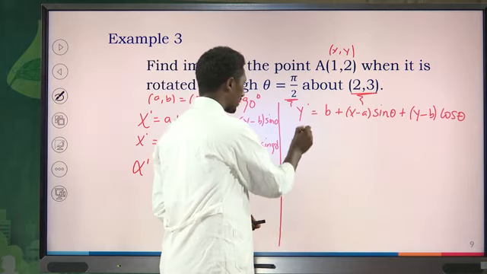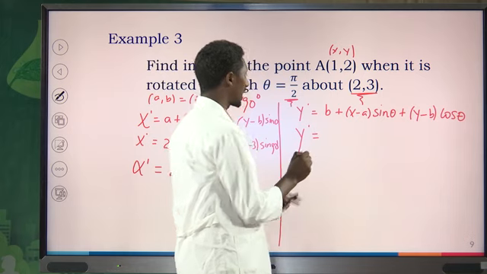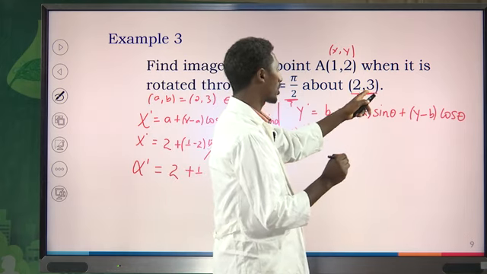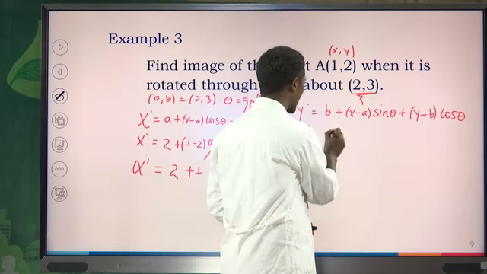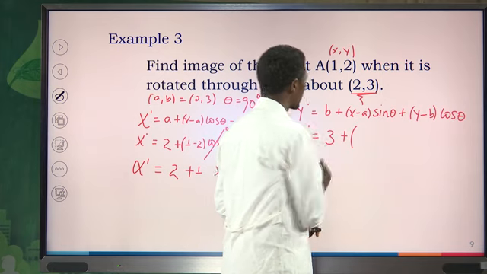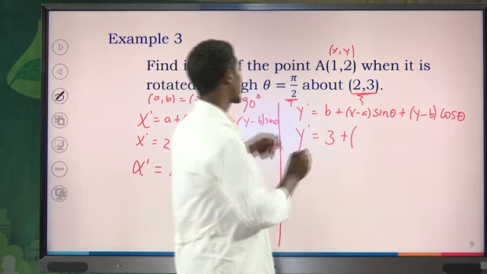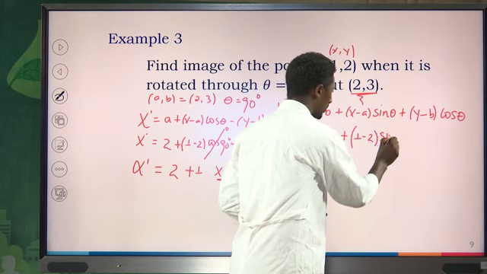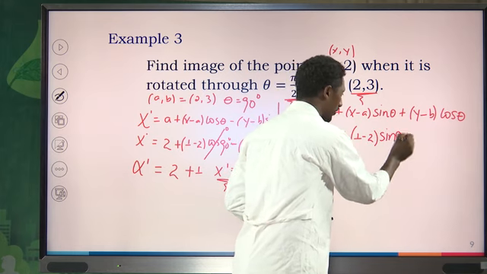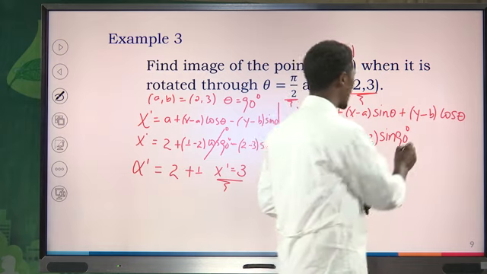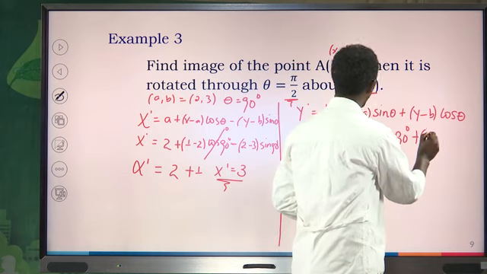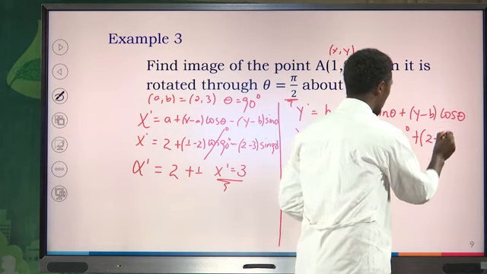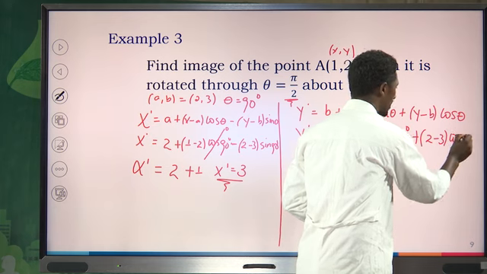So y prime equals b, the y coordinate of the center of rotation, that is 3, plus (1 minus 2) sin theta, where theta is the angle of rotation 90 degrees, plus (2 minus 3) cos 90 degrees.